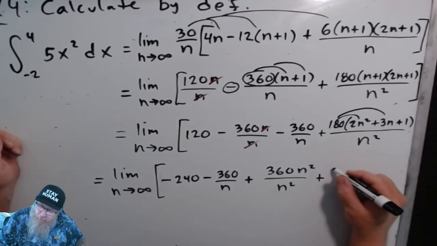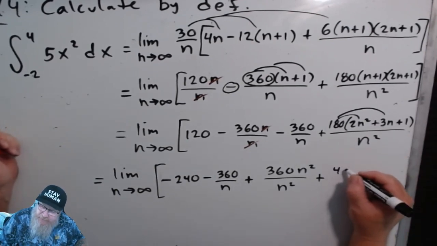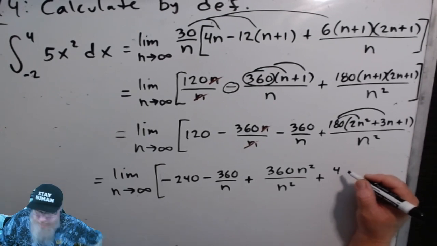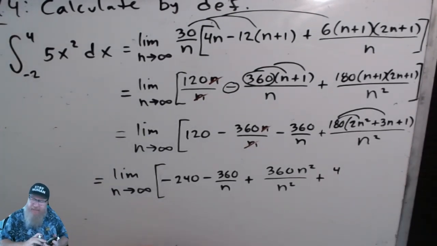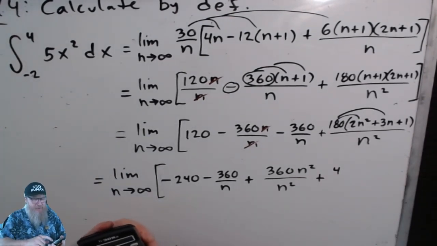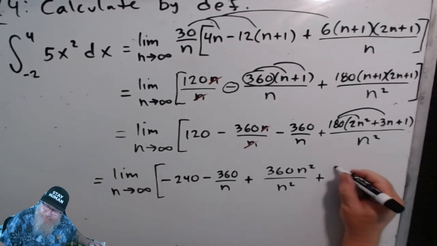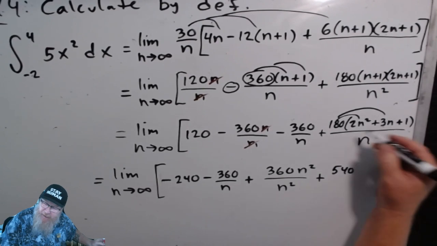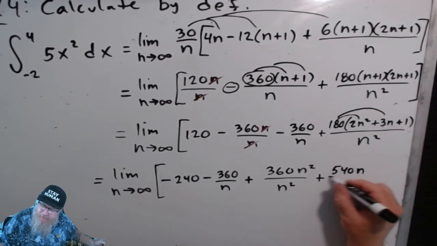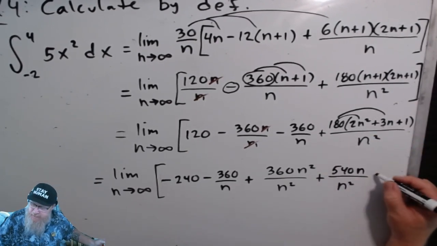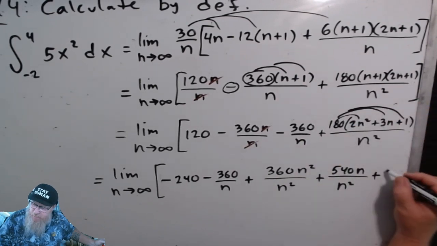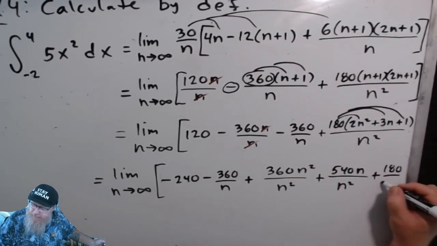Oh, God, is that 480? Or 560? I'm tired. I'm just going to do it. 180 times 3. 540. My brain hurts. n over n squared. And then the last one, 180 over n squared.